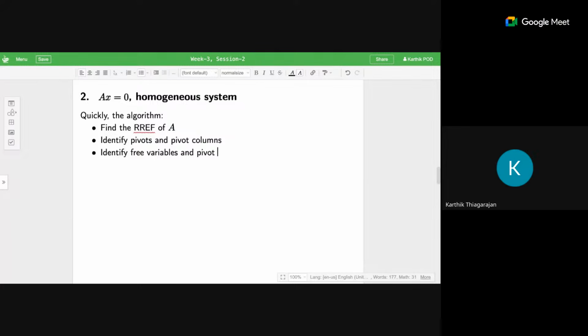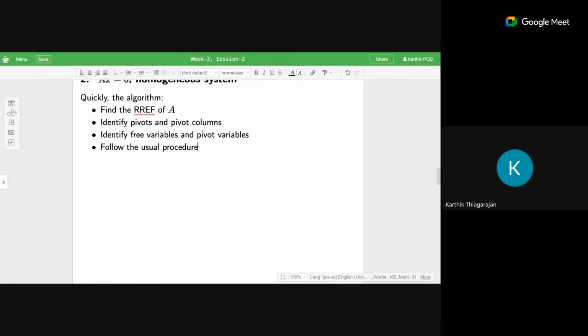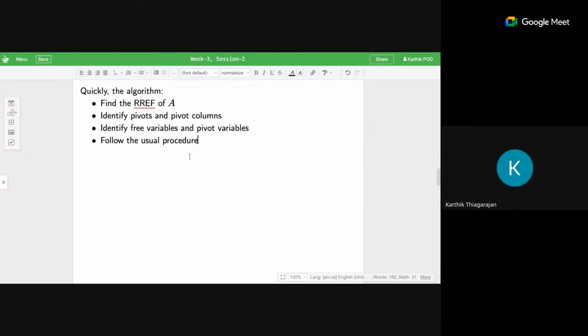So you find out free and pivot variables, and then you set one of the free variables to be 1, the rest to be 0, and you solve for the pivot variables. So follow the usual procedure. We saw one example last session, so I'm not going to repeat that.